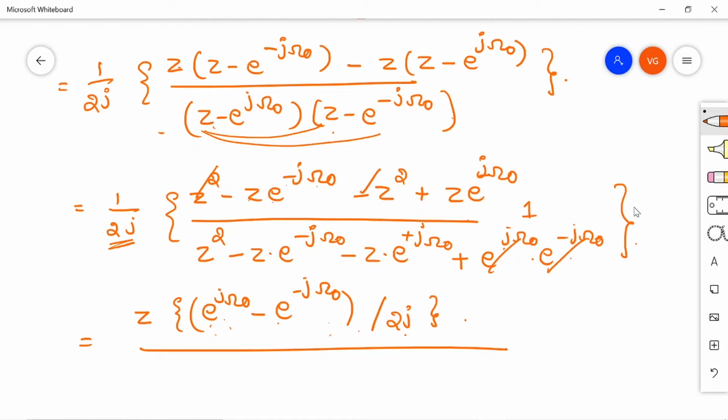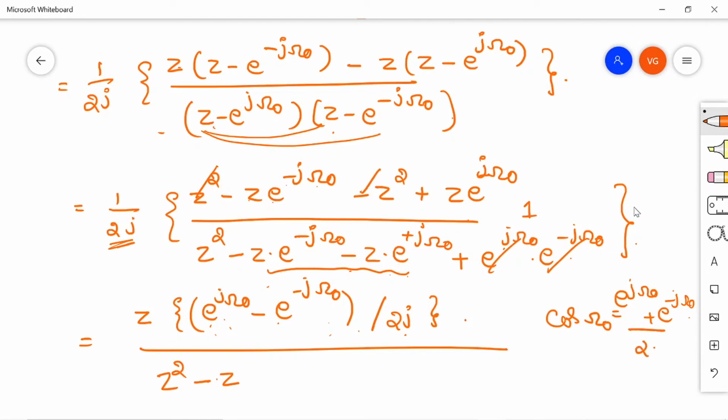So you can simplify more. Again, see here, these two are like cos, right? So cos omega naught can be written as e power j omega naught plus e power minus j omega naught by 2. So here if you take z out, it will be in that form. So z square minus z taken common, then you will be getting cos omega naught by 2 also there.